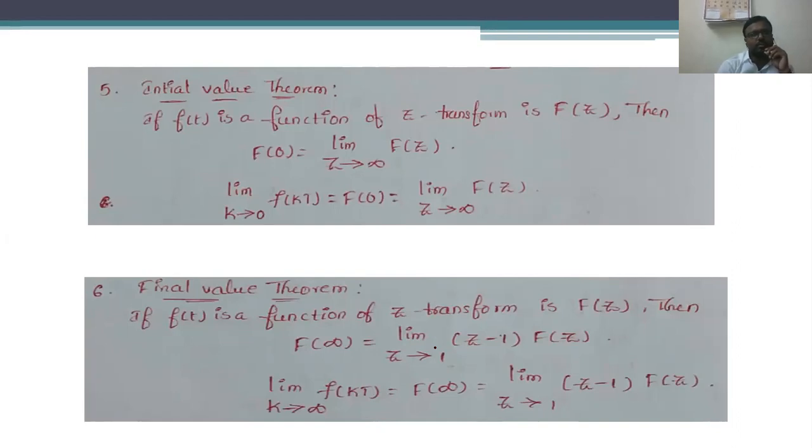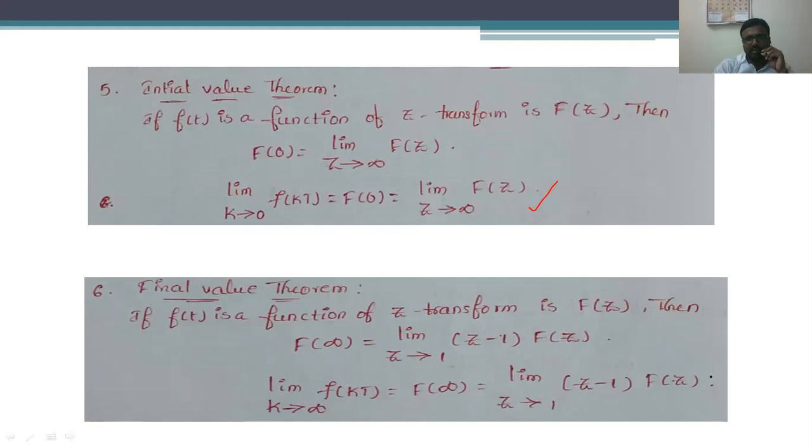That means you have to place the infinity value in the finite F of z. While discussing the initial value theorem, we have to substitute the value of z as infinity in F of z.